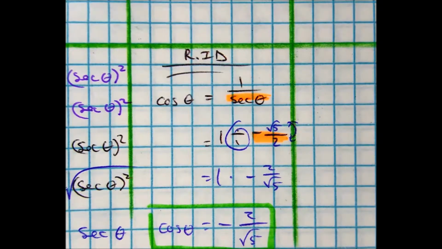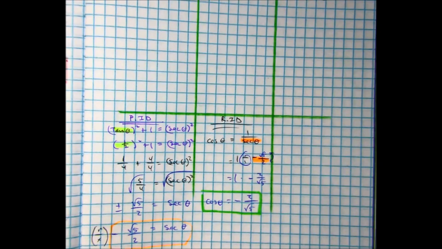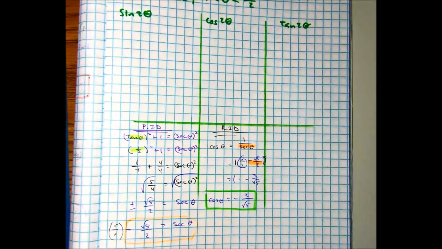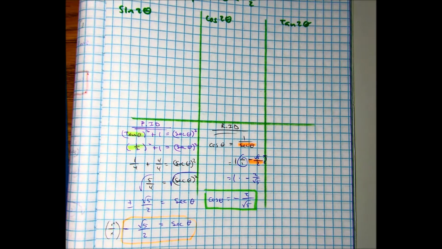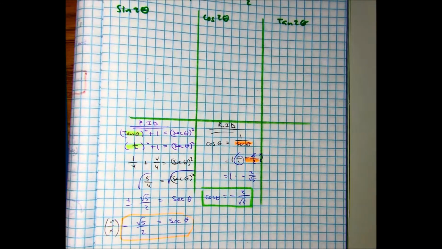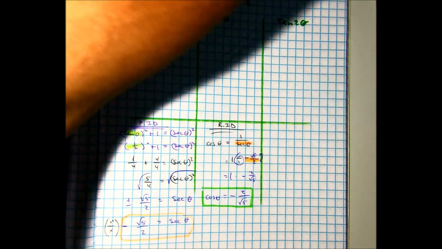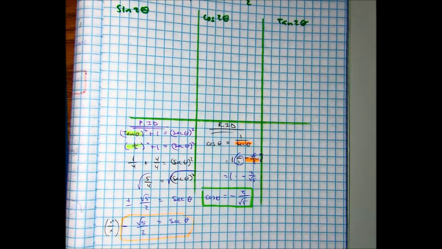Okay, talk to your partner. Now that I have cosine, which one of these and their formulas can I use? Ready, set, go. Gabriel. Now that I have cosine, which one can I use now?